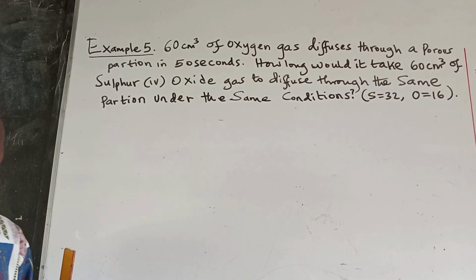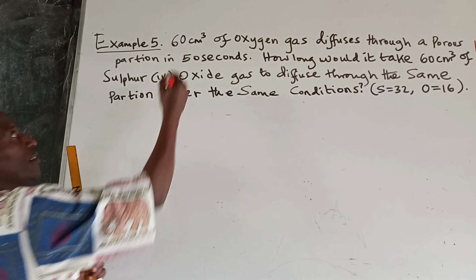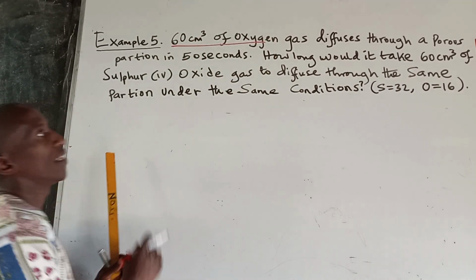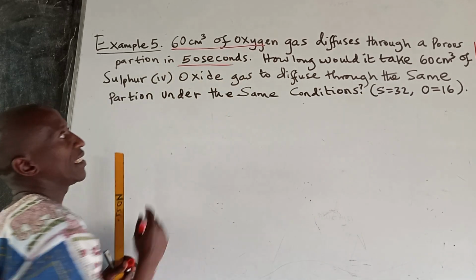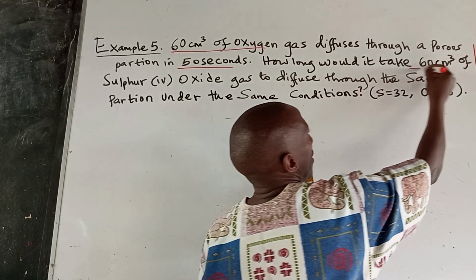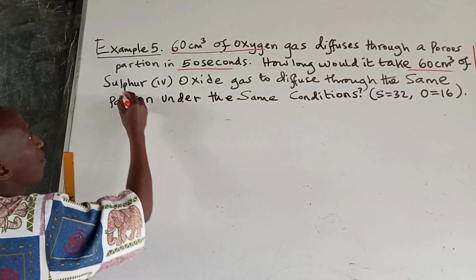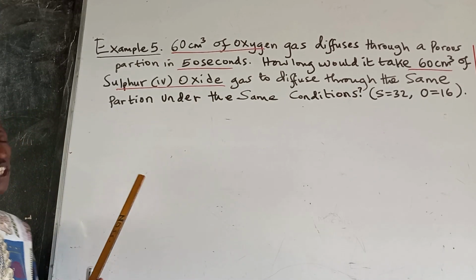In example 5, we have 60 centimeter cubed of oxygen that diffuses through a porous partition in 50 seconds. How long would it take 60 centimeter cubed of sulfur oxide gas to diffuse through the same partition?